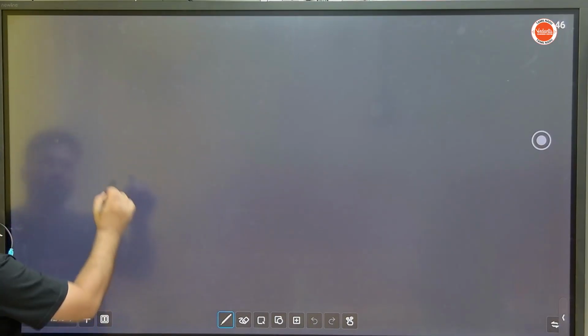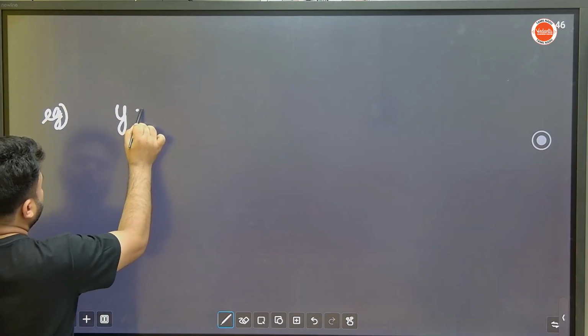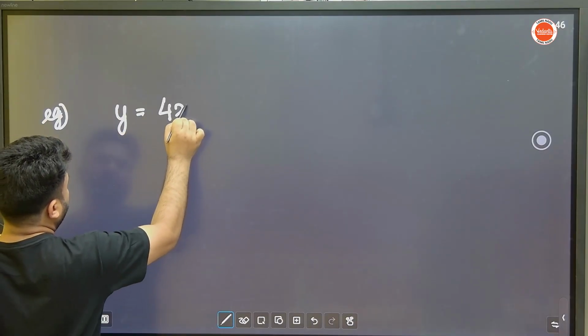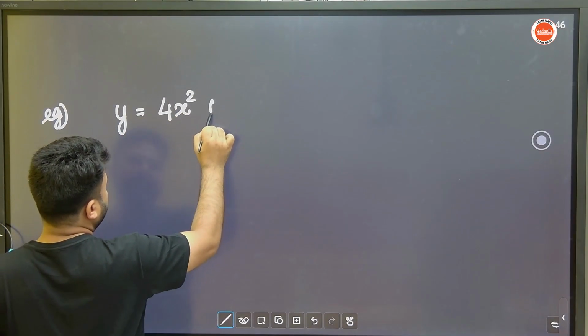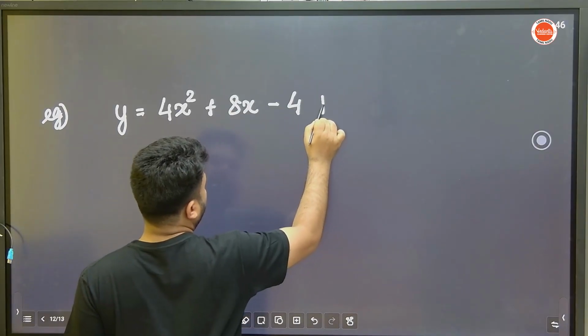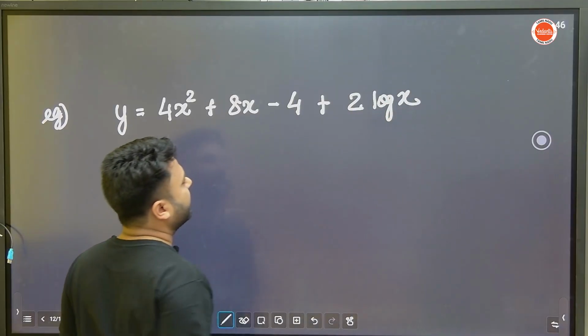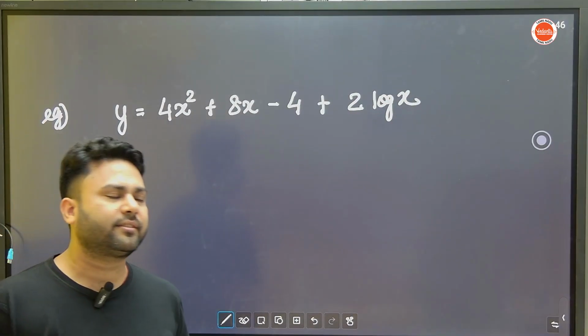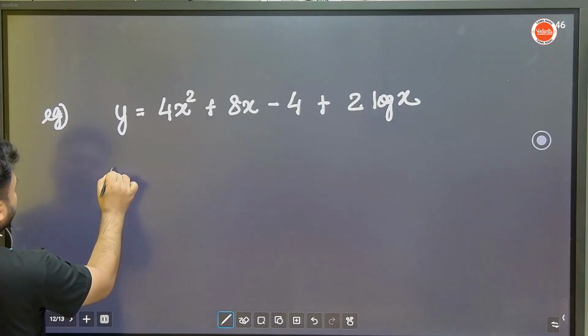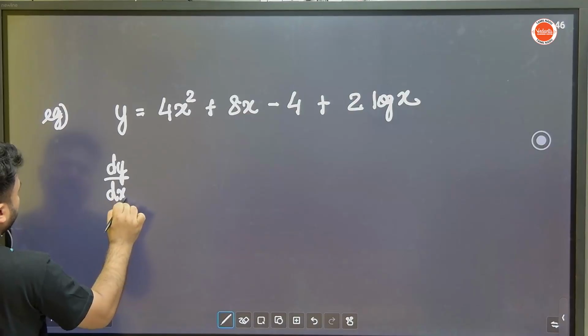Now suppose, one example I am taking. Suppose y equals 4x square plus 8x minus 4 plus 2 log of x. They have given, you have to differentiate this. So you have to write dy by dx equals.